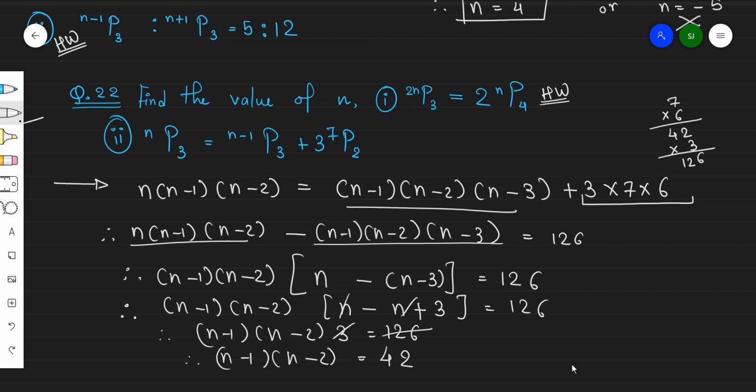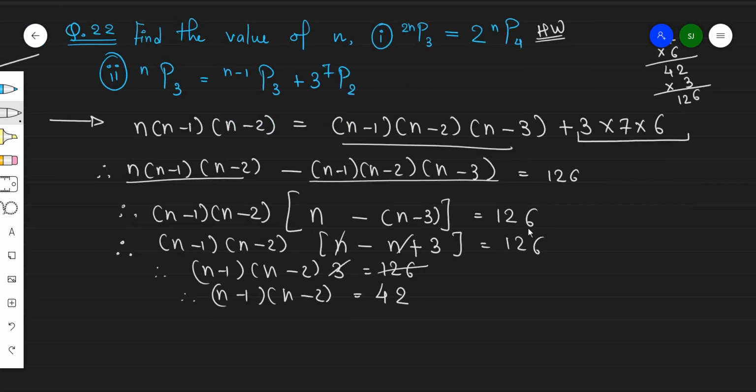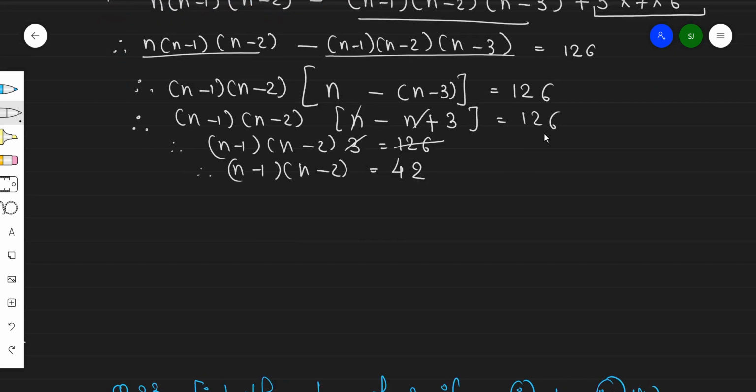Now we need to simplify this again. Should I keep it as an exercise or should I solve it? Let me just solve this. So this is nothing but n square minus 3n plus 2 is equal to 42. Therefore, n square minus 3n minus 40 is equal to 0. What I did, this came to the other side, so it became negative, and the right hand side became 0.